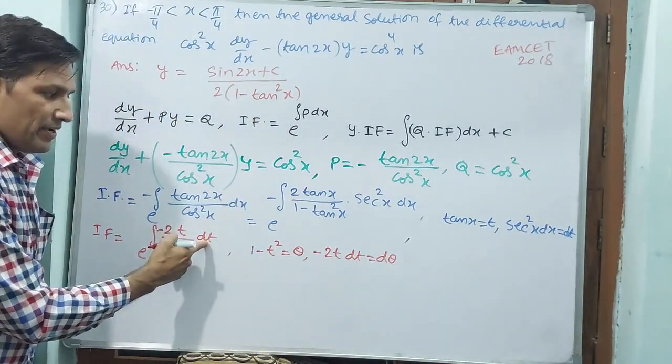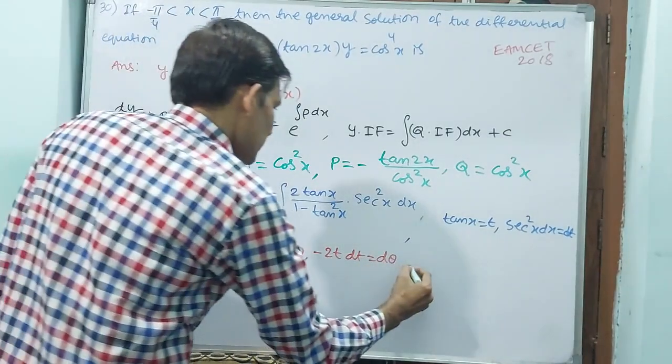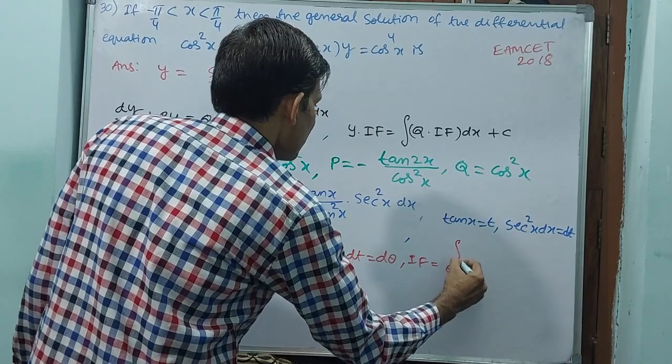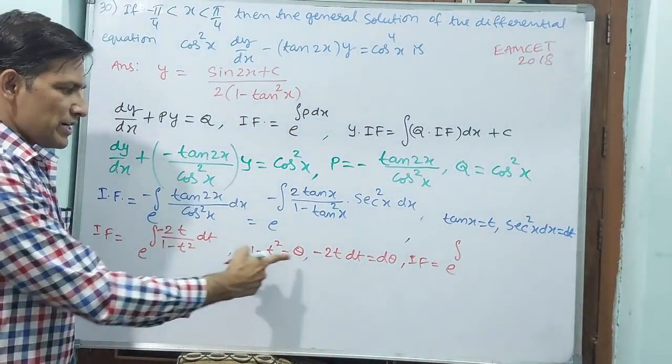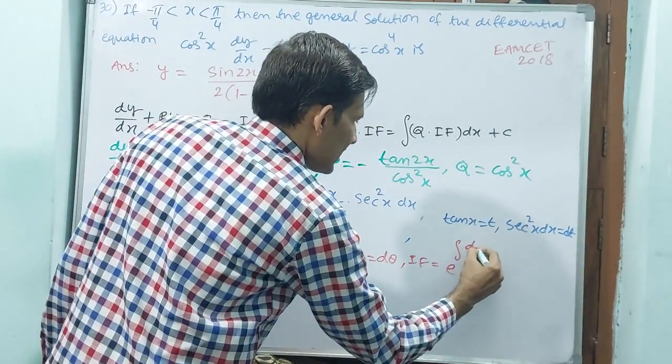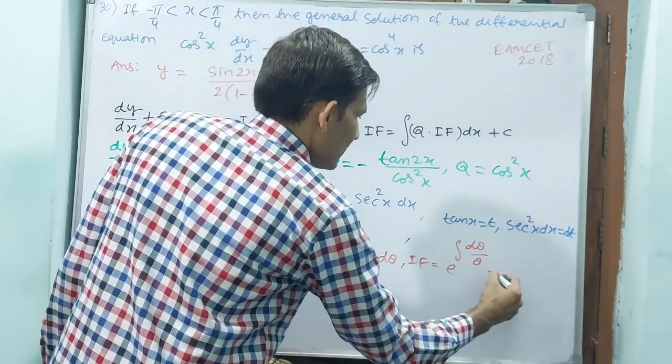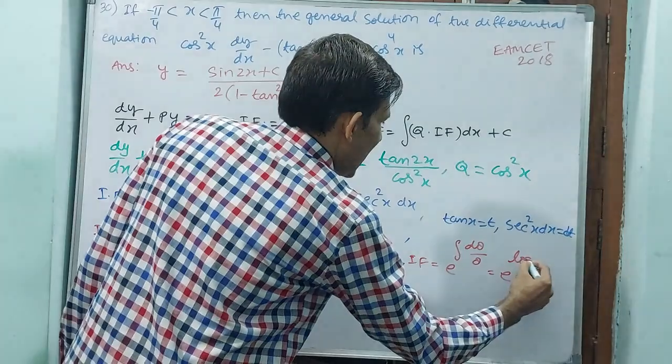Minus 2t dt. Now this is going to become what? The IF again is equal to e power integral of minus 2t dt. Minus 2t dt is d theta, divided by 1 minus t square, which is theta. That means e power log theta.